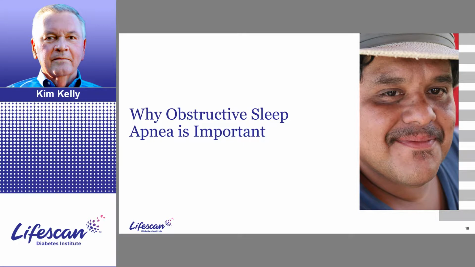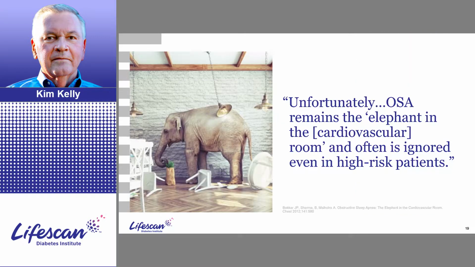So why is obstructive sleep apnea important? This is one of my very favorite slides if you take nothing away from this presentation. Unfortunately, obstructive sleep apnea remains the elephant in the cardiovascular room and often is ignored even in high-risk patients.